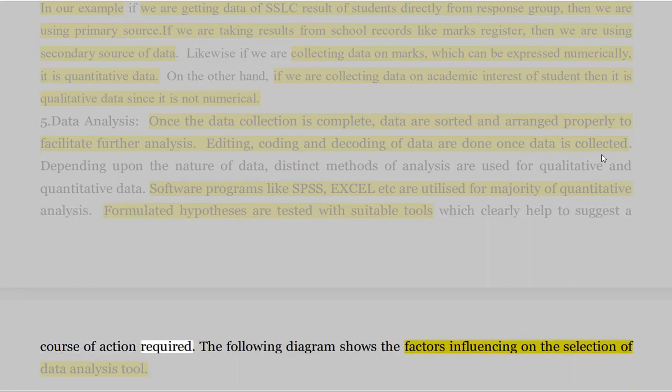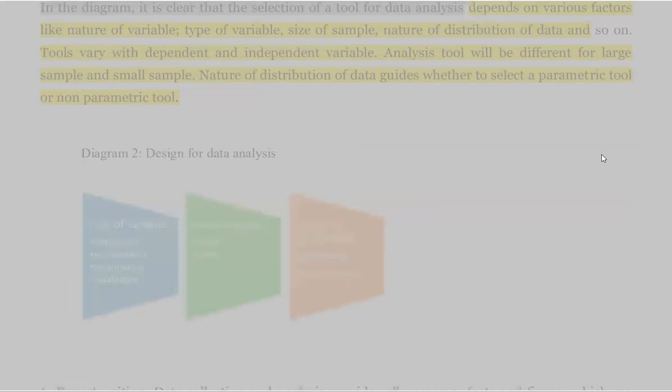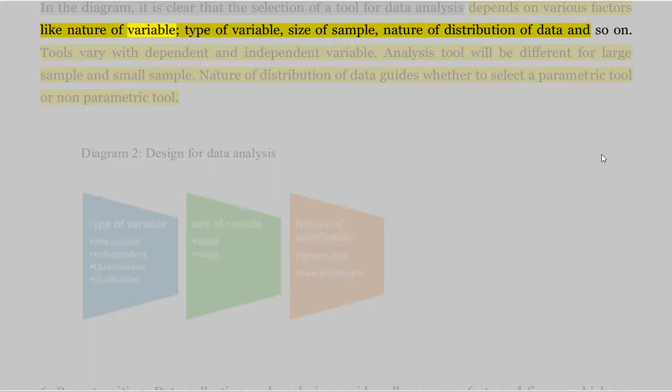which clearly help to suggest a course of action required. The following diagram shows the factors influencing the selection of a data analysis tool. In the diagram, it is clear that the selection of a tool for data analysis depends on various factors like nature of variable, type of variable, size of sample, nature of distribution of data, and so on.